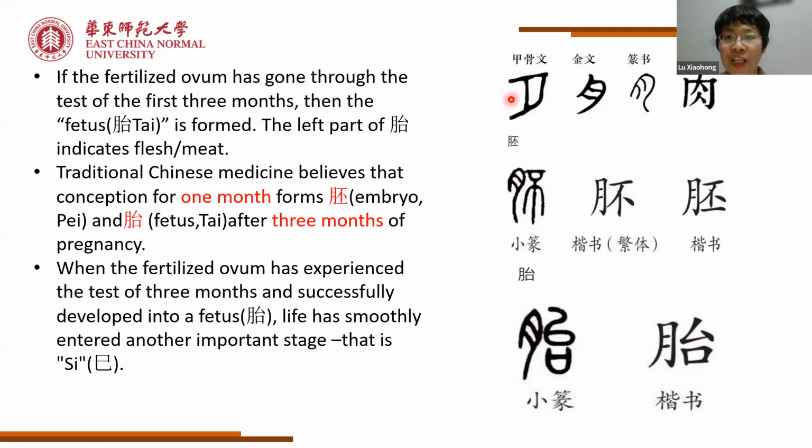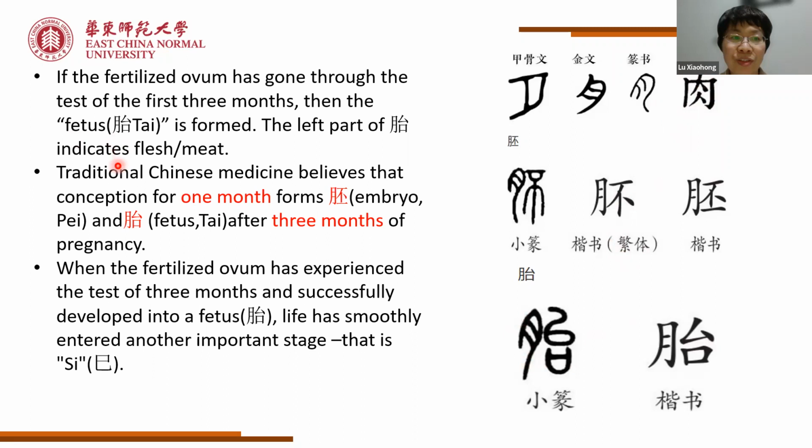This is the original character in oracle bone inscription. That's a block of meat. And then it changed in bronze inscription. It's like this, the shape of meat. And now here is the meat character we use regularly. So as a component here, the left side is the meat and the right side is Tai. Now this is the word we use today. So here Tai means fetus.